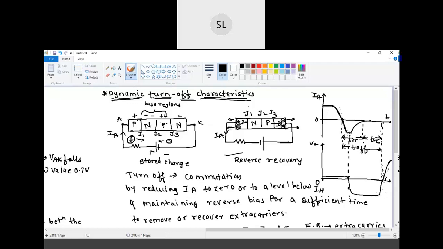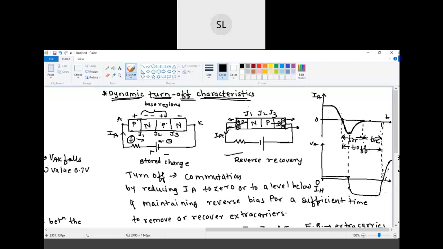Beyond this value, the thyristor will develop its reverse blocking capability and the reverse current will start reducing at a faster rate like this.